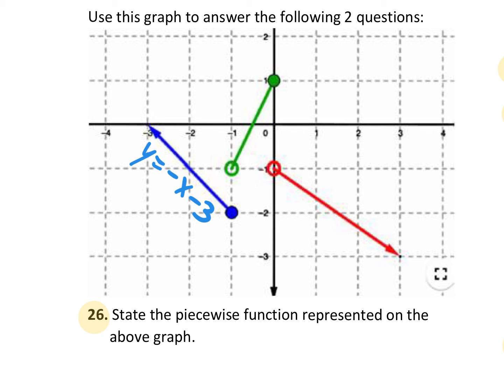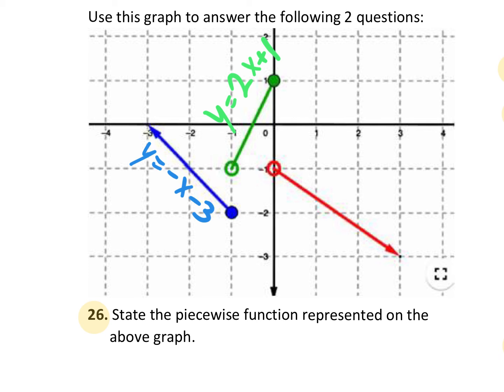Now, if you look at the green line, it's going to be y equals mx plus b as well. What is the m? You're going up 1, 2 over 1. So you really have y equals 2x. You could put 2 over 1x, but 2x is better. And what is the b value? Obviously, this would cross the y-axis. It does touch at 1.